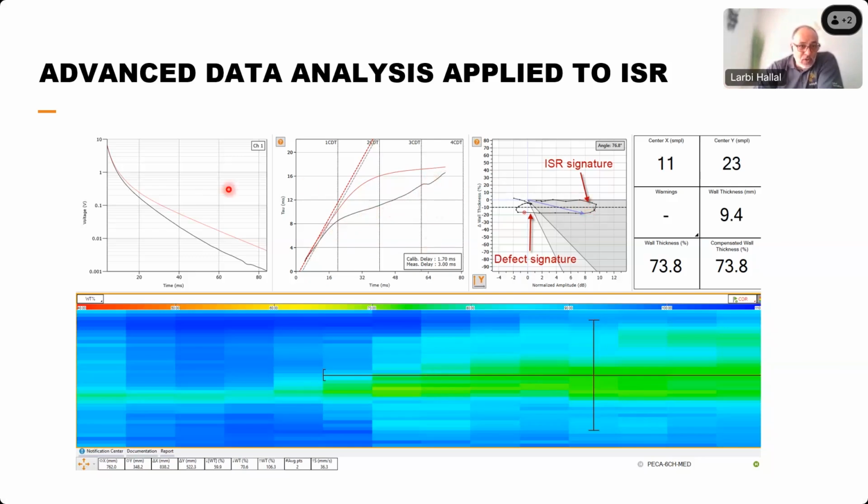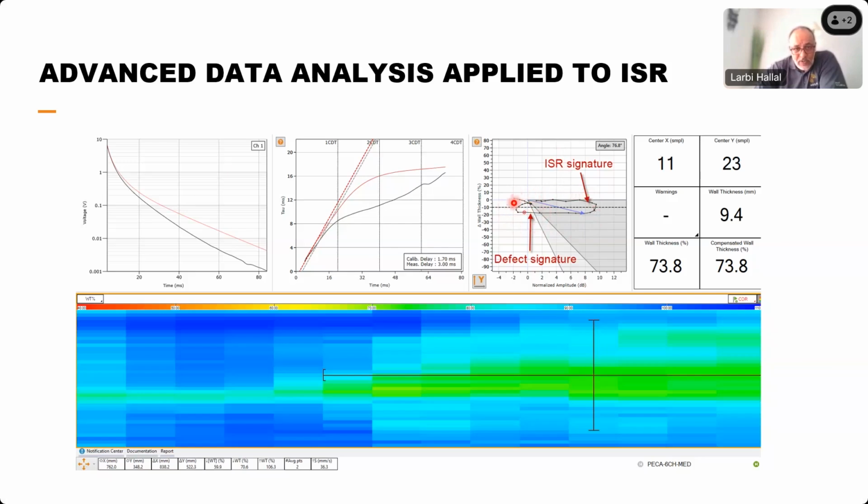At the end, with just those two signals, it's difficult to tell if we have a real wall loss or not here. But looking at the PermTool, you can see that we have our views divided in two parts.